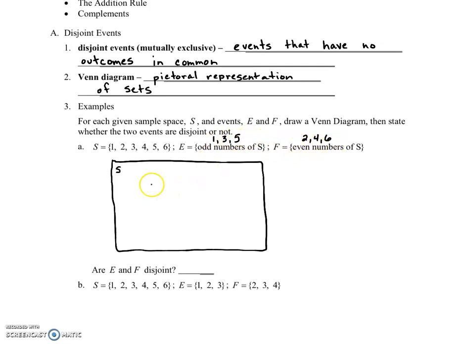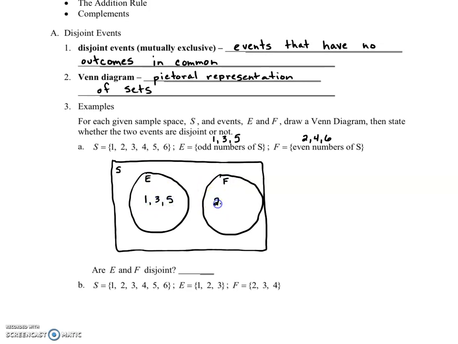There's no number that's the same. So that means that when we draw our circles, they do not overlap. So if we label this one E and this one F, we're going to put 1, 3, and 5 in E, and 2, 4, and 6 in F.